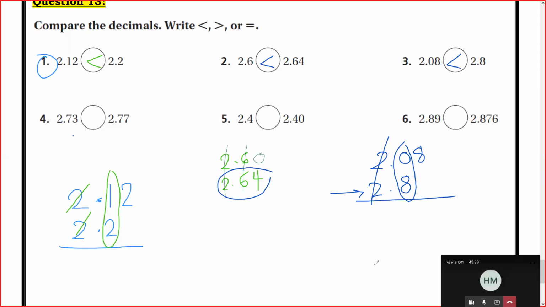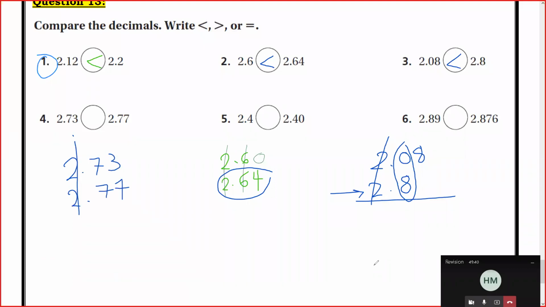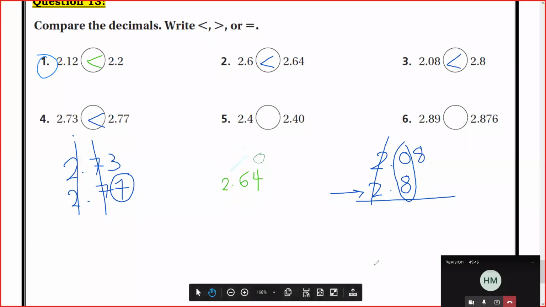Let's write it here. What should I write now? .77. So which one is greater? Bravo. Number 5 now.